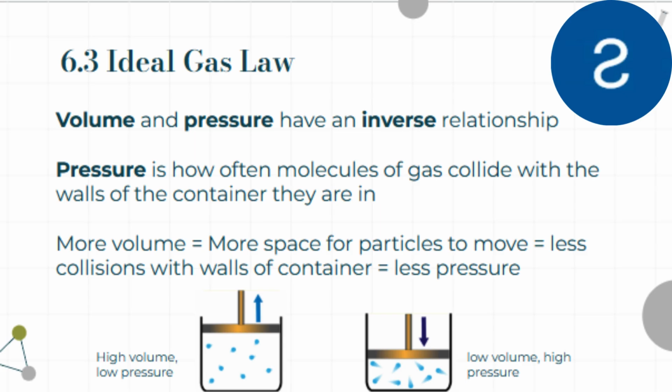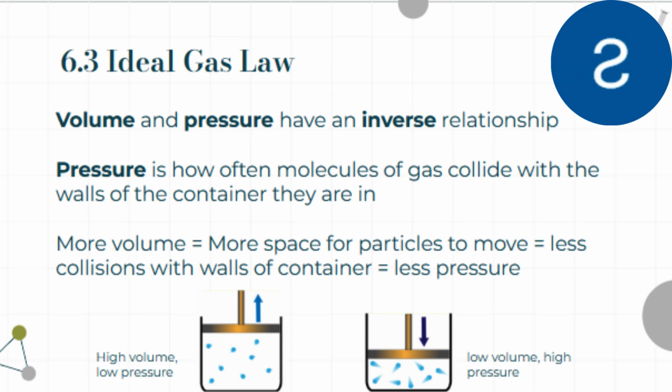Now we are going to take a look at some important relationships between the variables in the ideal gas law equation. First, volume and pressure have an inverse relationship. This means that as the volume increases, the pressure decreases, or as the volume decreases, the pressure increases. Pressure is how often the molecules of gas collide with the walls of the container they are in. Think about it this way.